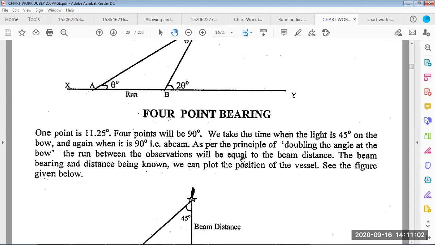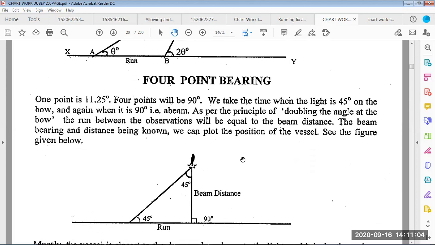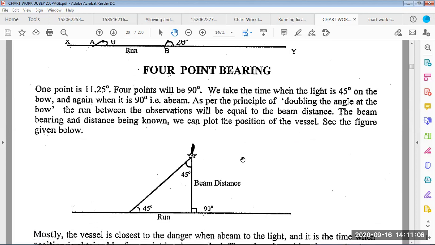Now the next thing is similar, on the basis of 4-point bearing, that is when theta is 45 degrees when doubling the angle.